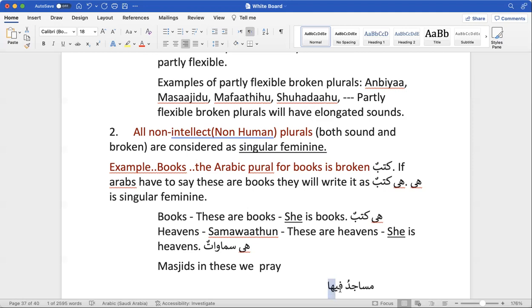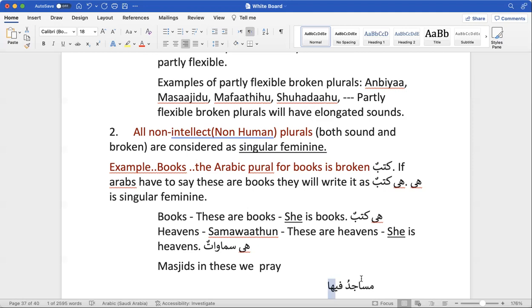But I wrote fi plus ha. I wrote the singular version of hiya. I didn't write hunna. Hunna is the plural of the feminine, right? As masajid is a non-human broken plural, when I refer to it in the sentence, I will refer to it as a singular feminine. So this ha basically refers to masajid.